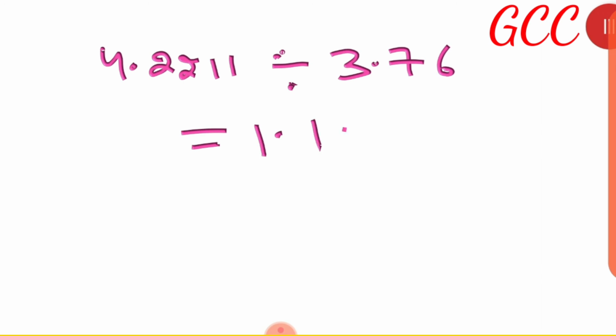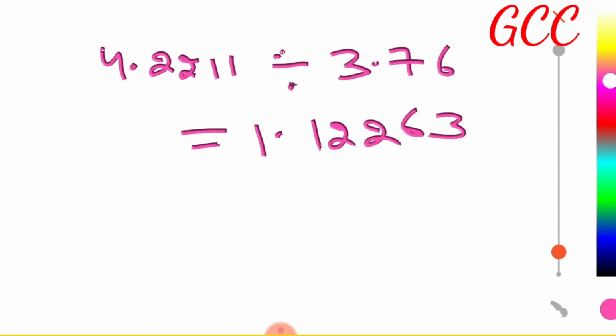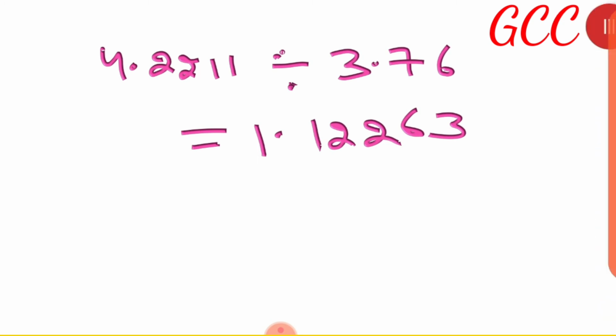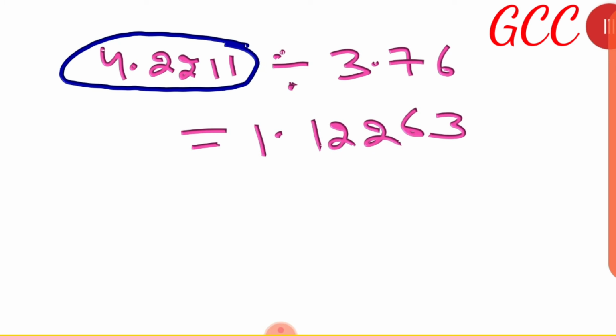In the same way, you can see one more example: 4.2211 divided by 3.76, and it is coming 1.12263. Okay, the answer I have written there, but you see here how many significant figures are there? 5.